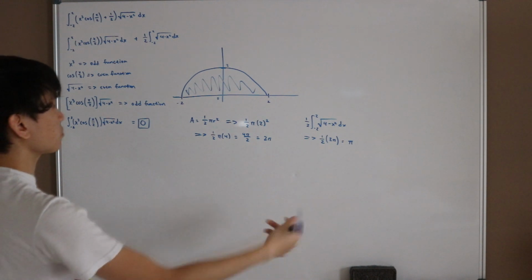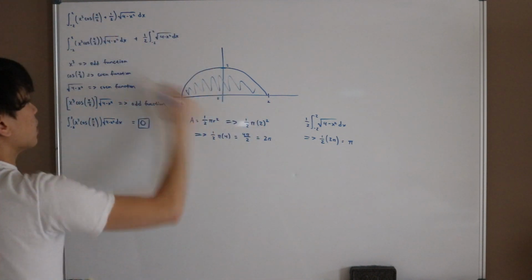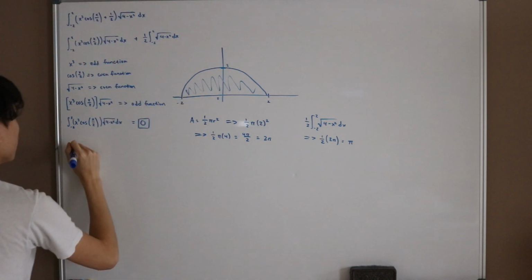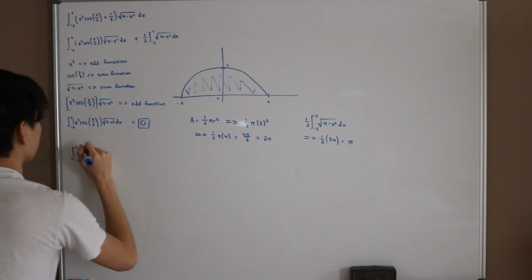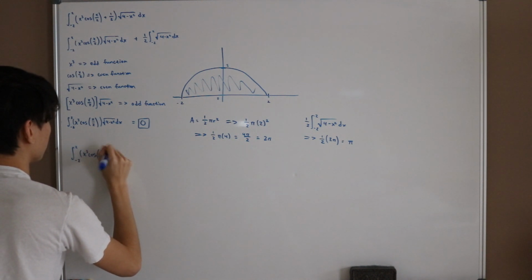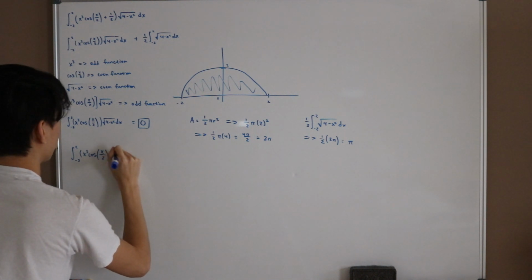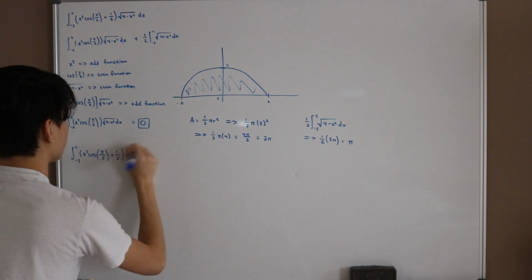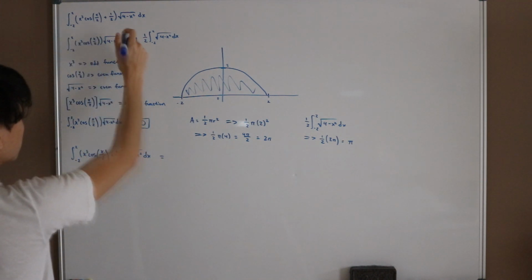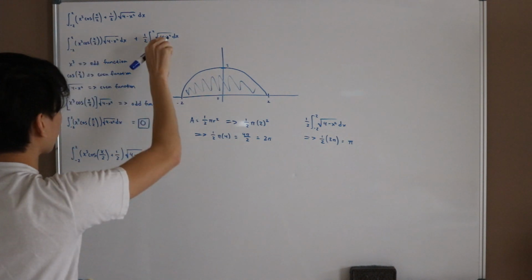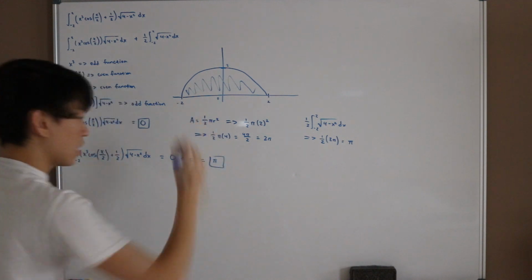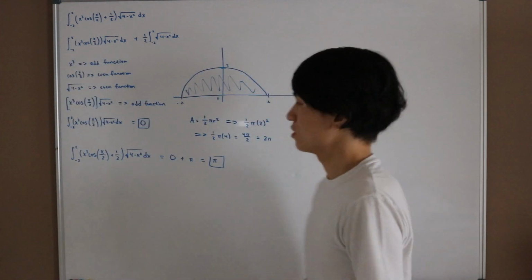And now that we solved that, we figured out that the whole integral from -2 to 2 of x cubed times cosine of x over 2, plus 1/2, all multiplied by the square root of 4 minus x squared dx, is equal to 0, and then the area of this, plus pi, is equal to pi. And we solved it.